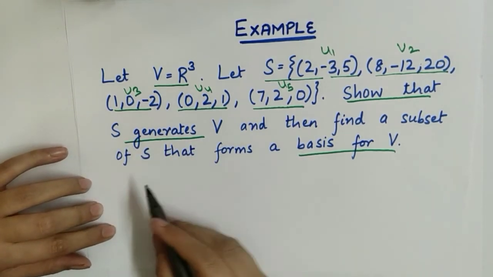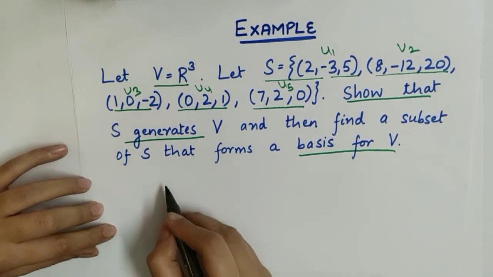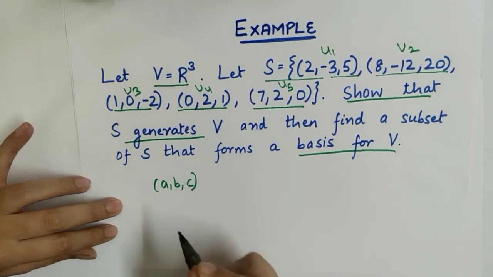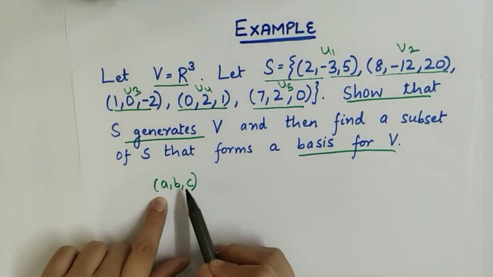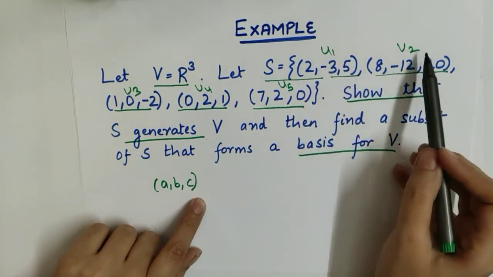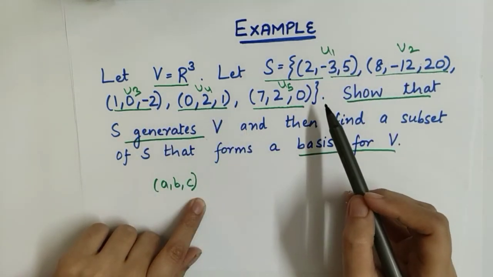So we need to take a general element of V. A general element of R3 would be (A, B, C). I need to show that this element can be written as a linear combination of U1, U2, U3, U4, U5.